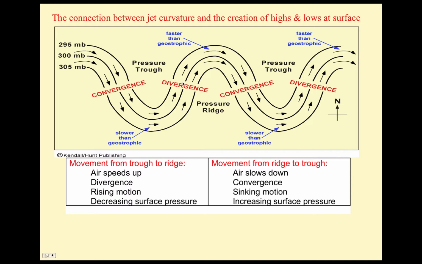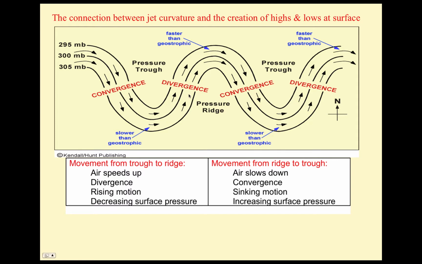What this means is there's points in between the ridges and the troughs where air must be changing speeds. So if it has to go slower here but then speed up to get over the next ridge, there's an area here where the winds are speeding up. It's just like the start of a marathon, so to speak, where everybody's clustered together and then the starting gun goes off and they all spread out as they're increasing their speed.